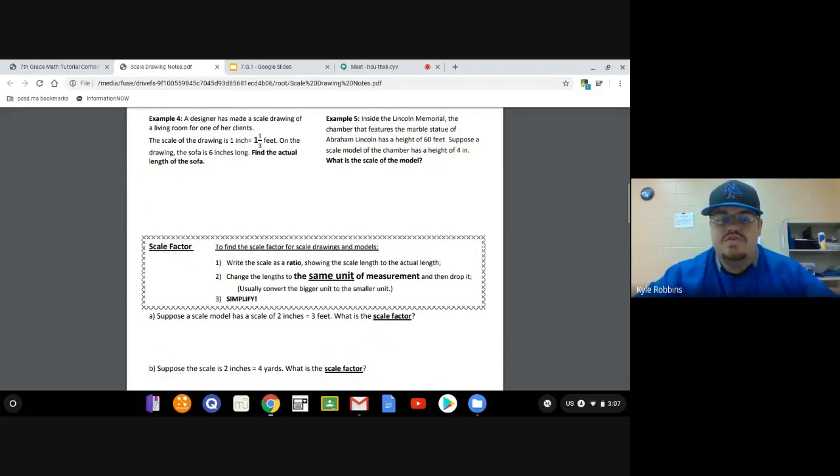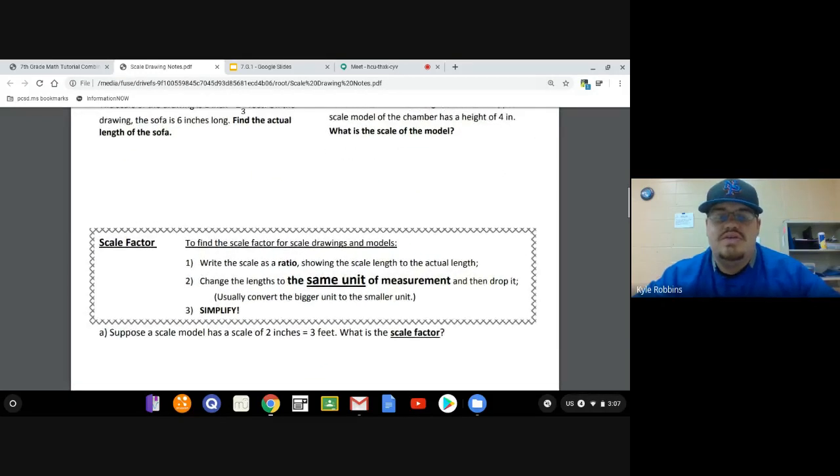If we're scrolling down right here, here is the scale factor. Scale factor is the ratio of two corresponding sides of two geometrical shapes. Say you have your scale already, and then we're going to compare the scale to the actual drawing.